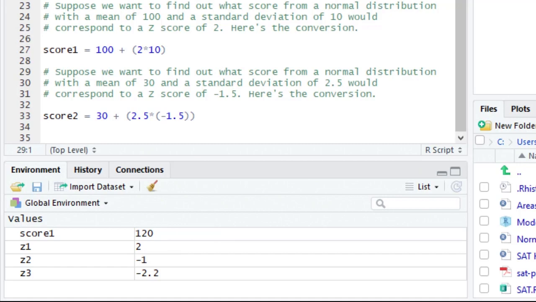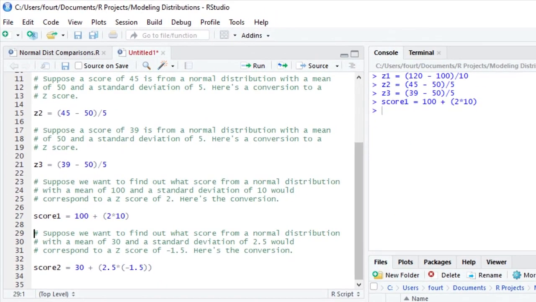That's pretty obvious, right? Let's try one that's not so obvious. Suppose we want to find out what score is 1.5 standard deviations below the mean on a normal distribution with a mean of 30 and a standard deviation of 2.5.